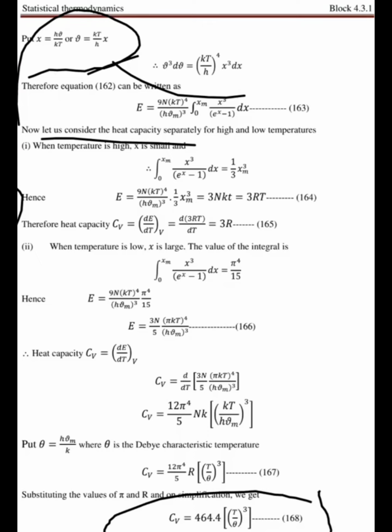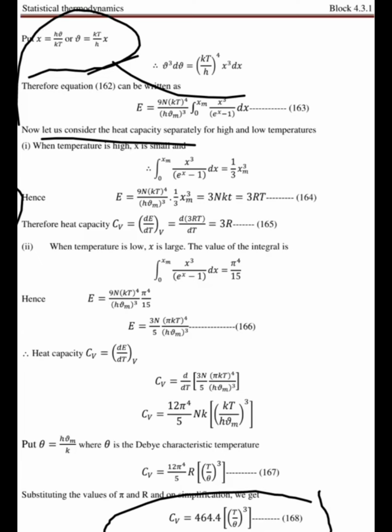where you can know from the third law of thermodynamics that it is applicable for low temperature, below 20 Kelvin. So this Debye equation can be applied for temperatures below 20 Kelvin, that is minus 273 plus 20, around minus 253 degrees Celsius.